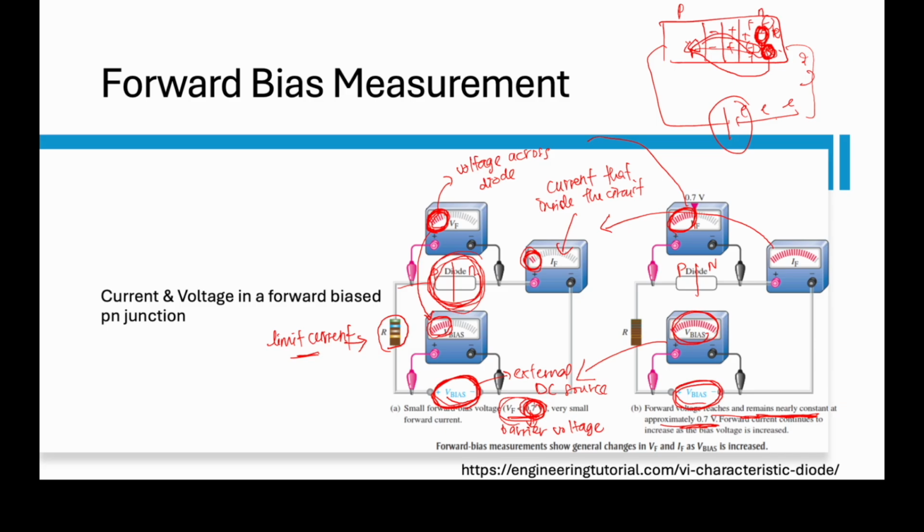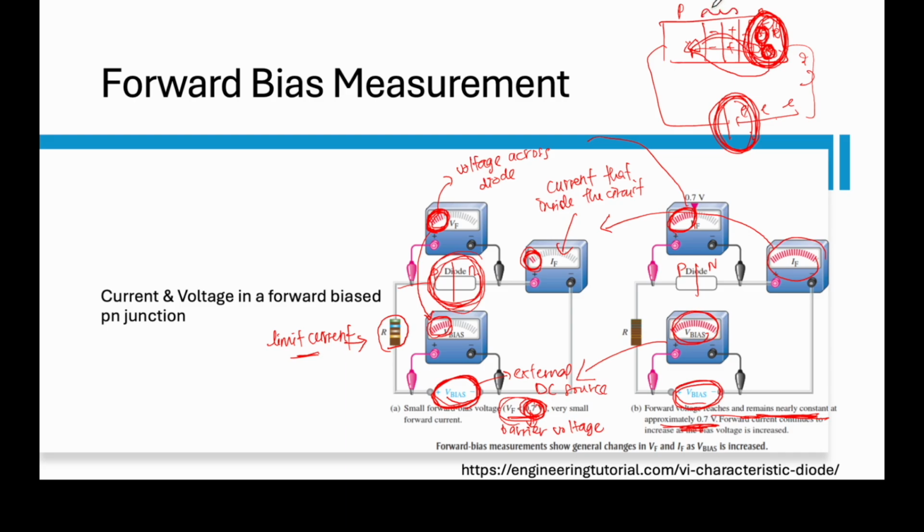So we have a larger number of free electrons inside the N region, because of the DC voltage that we applied to this circuit. Once the voltage remains constant at approximately 0.7, what will happen to the depletion layer?